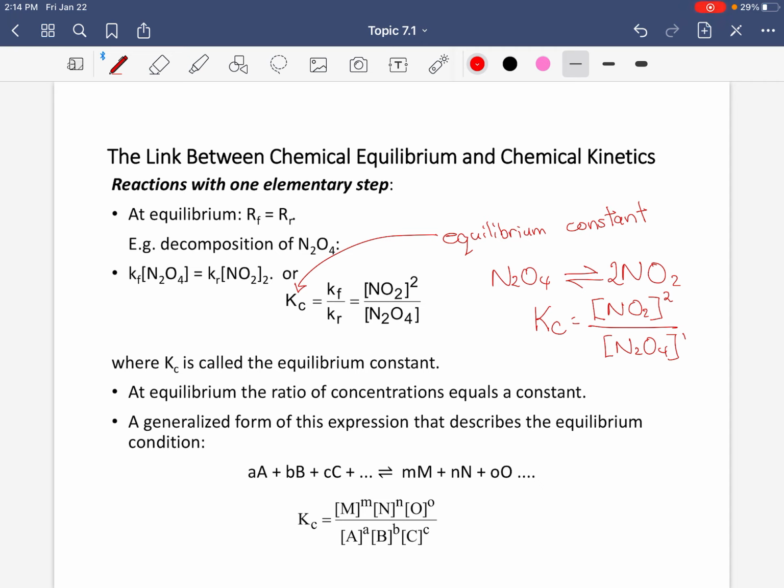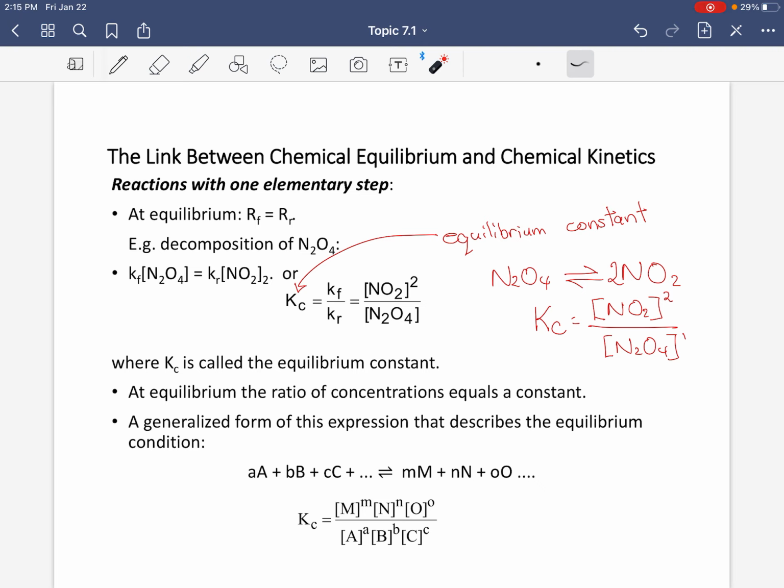All right? If the quotient of these equals what the established Kc constant is going to be, we would say that this reaction has reached equilibrium. What that means is that every single equilibrium reaction will have a specific K value.